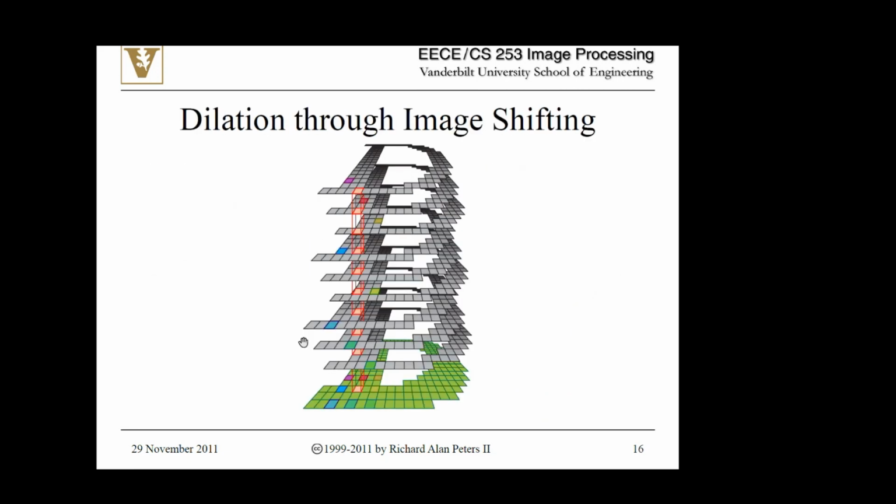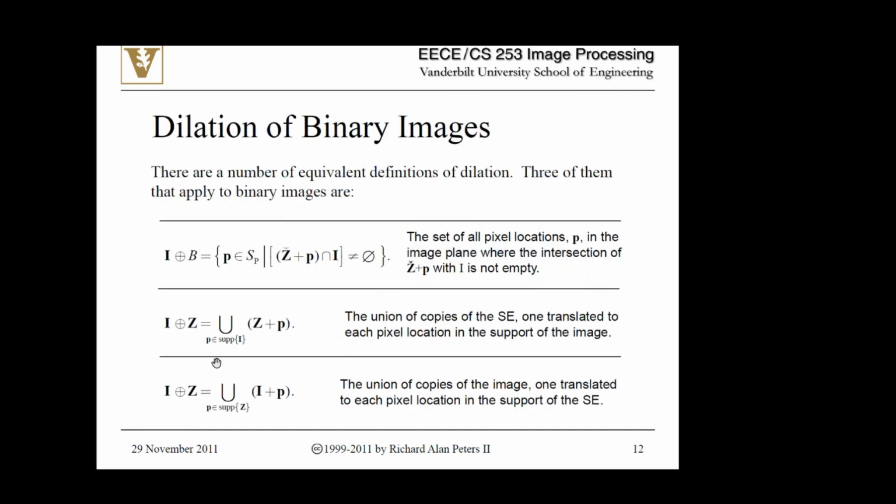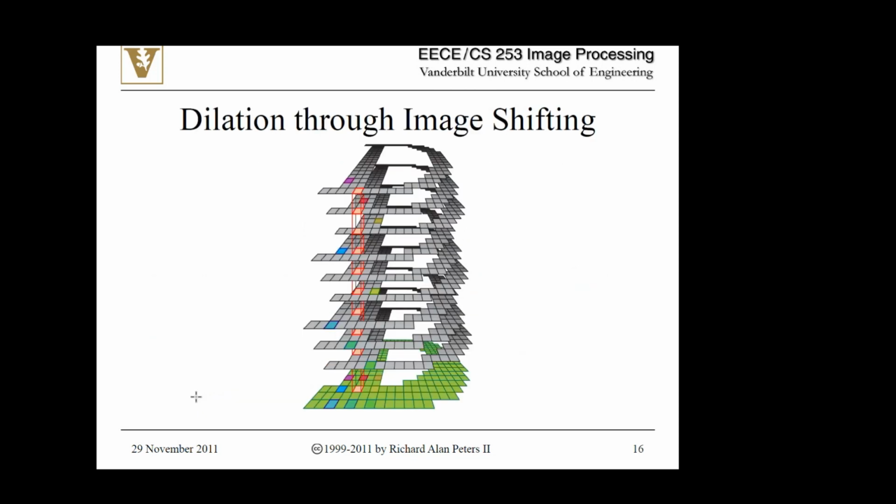Okay, so this is another example of computing the dilation of this image. We are implementing this formula here. You have a kernel, you shift the image to the location of each element of the support of the kernel, and then you add all the elements. Let's say that this is our kernel, with pixels with colors.